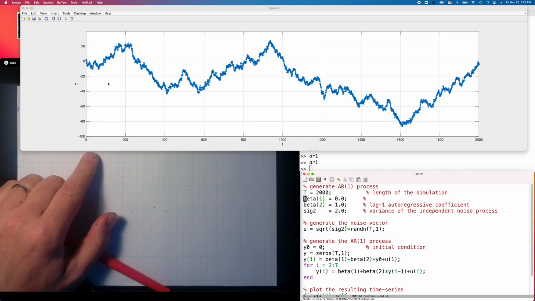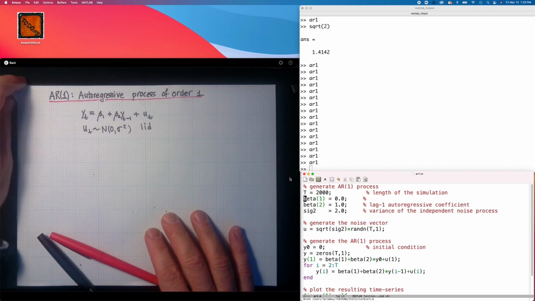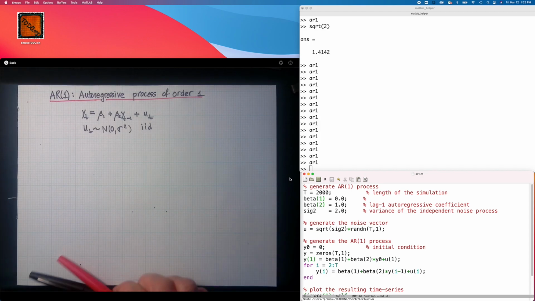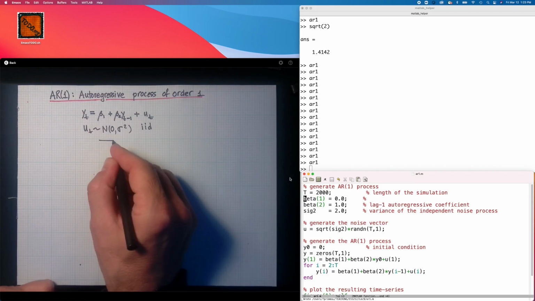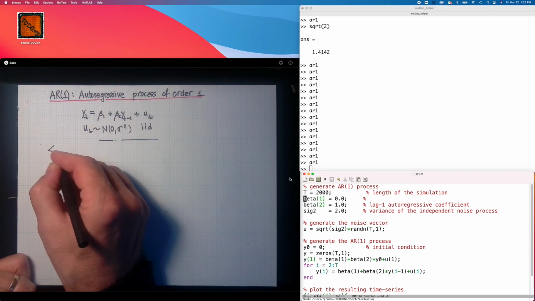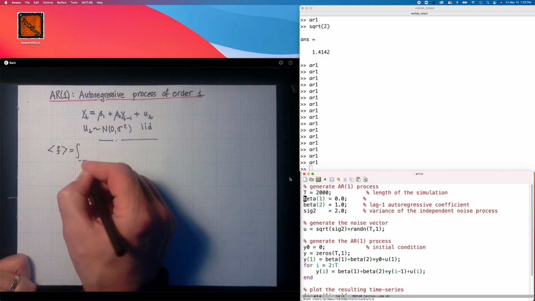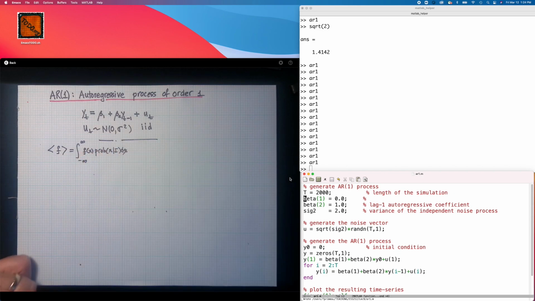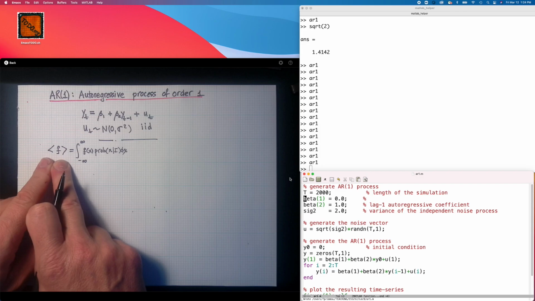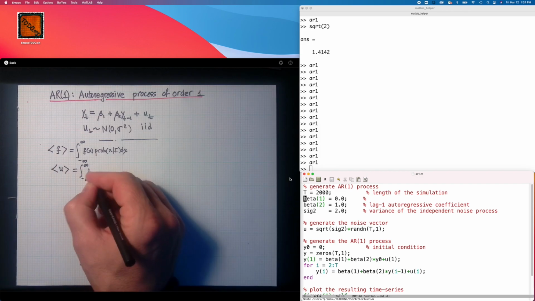Okay, so let's try to compute what the mean and the variance of y should be in terms of beta 1 and beta 2 and sigma squared. So I'll remind you that the expected value of f is the integral from -infinity to infinity. So that's the definition of these angle brackets, the expectation, and the mean of u.